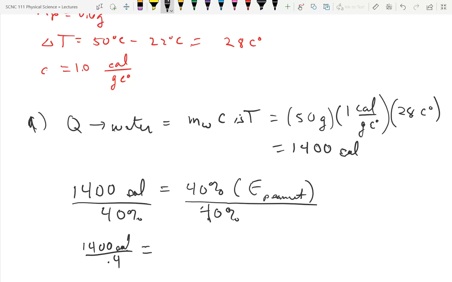1,400 divided by 0.4. 0.4 is 4 over 10, of course, or 2 over 5.